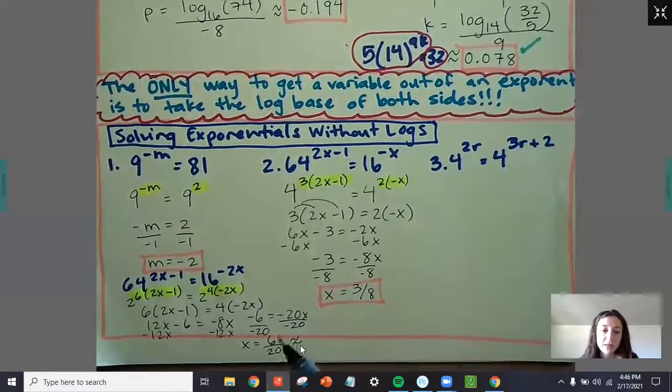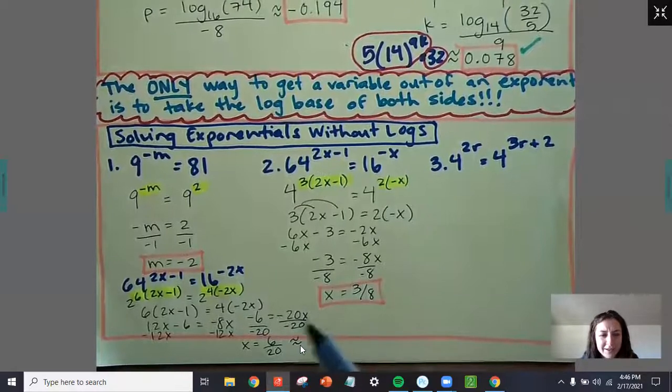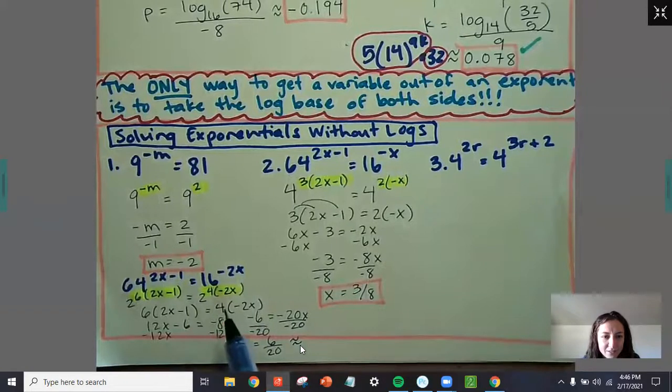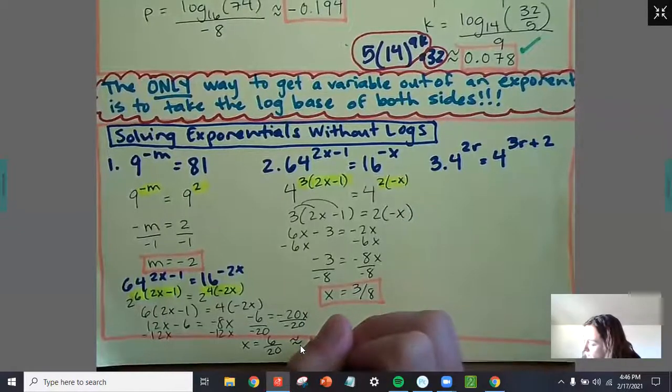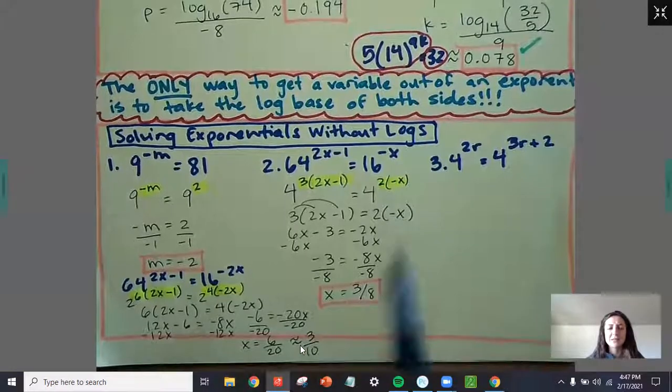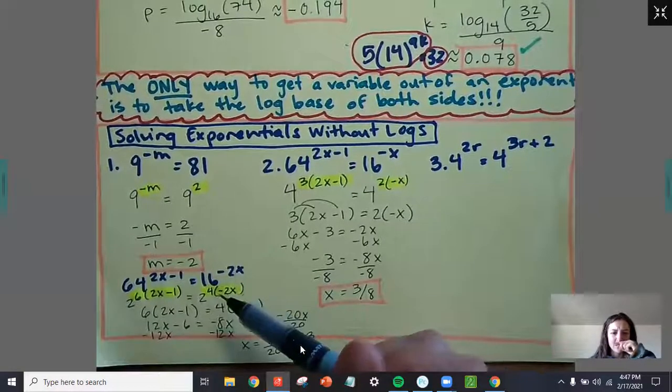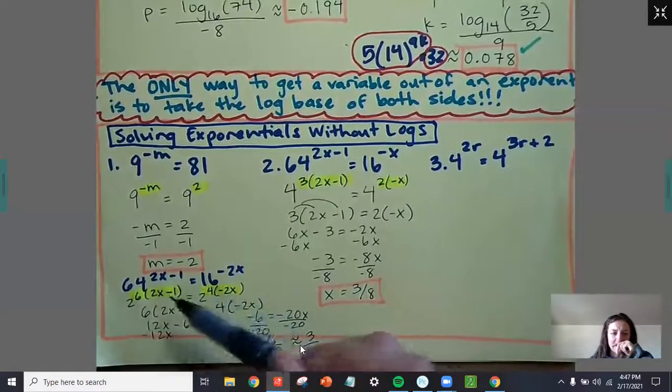But 6 and 20 are both divisible by 2. And whenever, hang on, what did I do here? Let's see. That's negative 8, 12. I did something a little bit off, but you should get to 3/10, which is not the same thing. So I'm not really sure what I did here. I'll have to come back to it and see what happened.